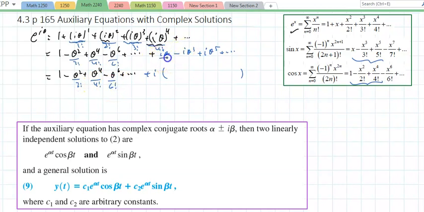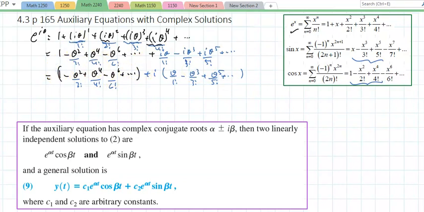And here, this is over 1 factorial, 3 factorial, 5 factorial. So this will be theta over 1 factorial minus theta cubed over 3 factorial plus theta to the fifth over 5 factorial, and the list goes on.